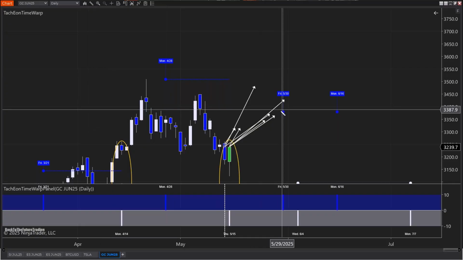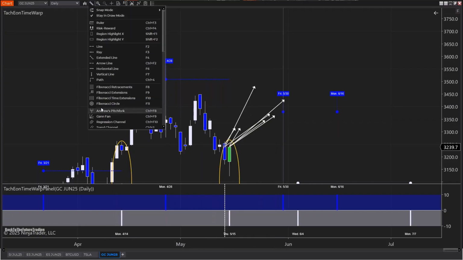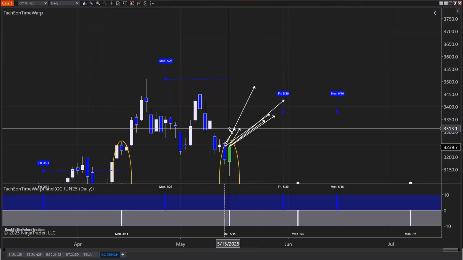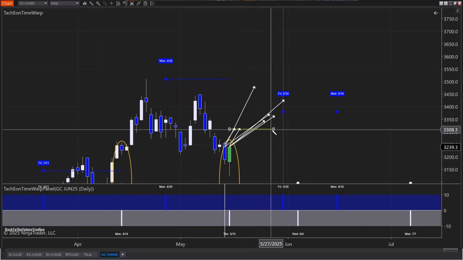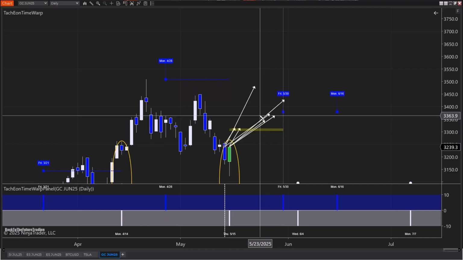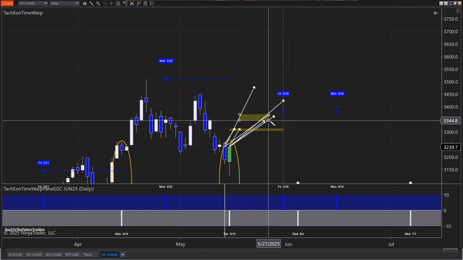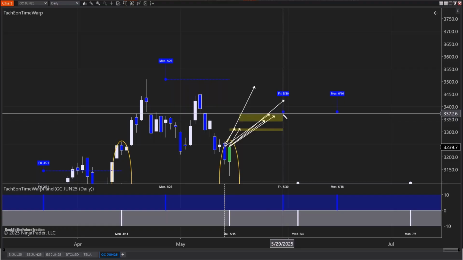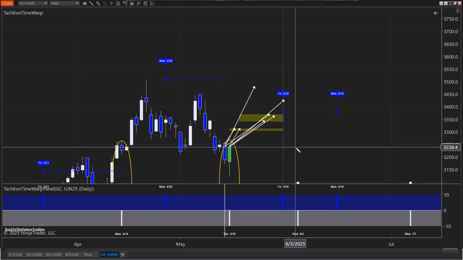So by May 30th, what am I expecting? I'm expecting at the very least gold to go to 3,313. I'm expecting a median somewhere between 3,340 and 3,370.